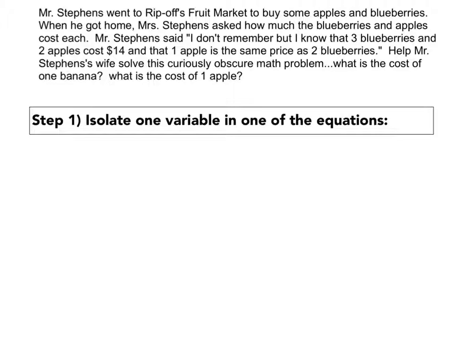So the first equation is we have 3 blueberries and 2 apples that cost $14. Okay? And our second equation is that 1 apple is the same price as 2 blueberries.